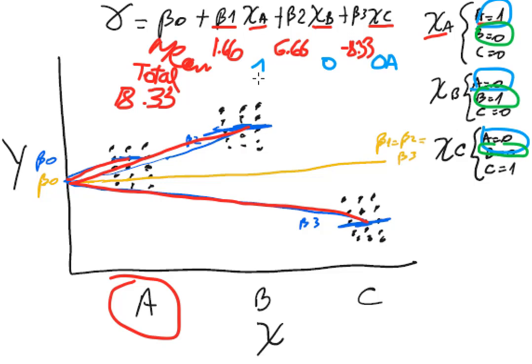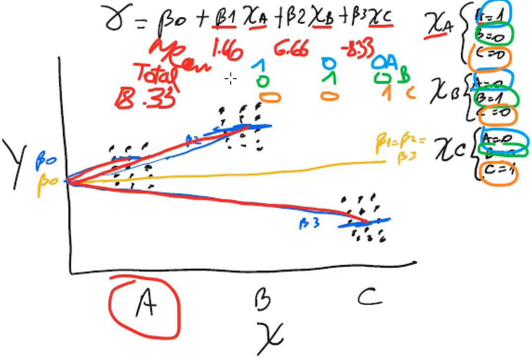So we got 0, 1, and 0. This is for group B. And for group C, we've got XA is 0, XB is 0, XC is 1. So 0, 0, and 1.